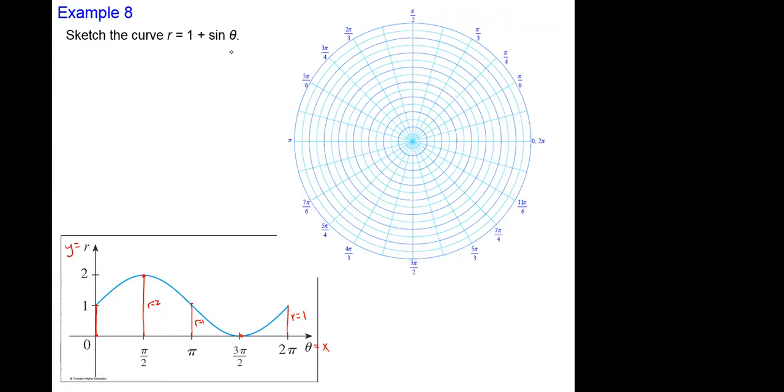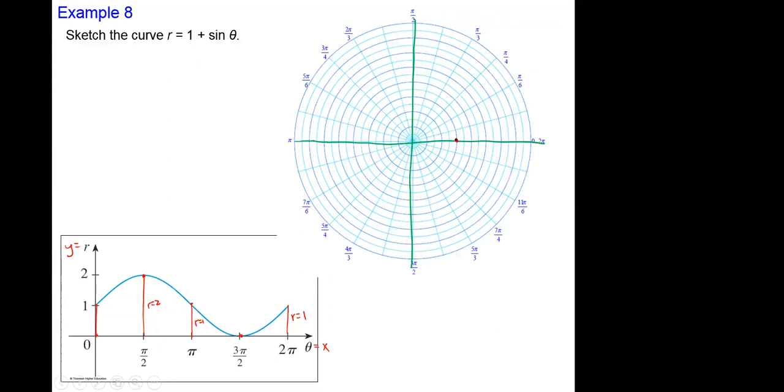And let's start taking these points and plotting in the polar plane. I will draw just the main angles. That means for 0 degree, the radius is 1.